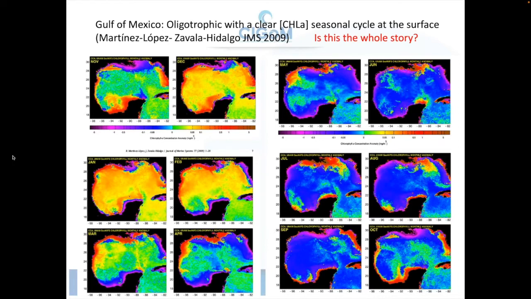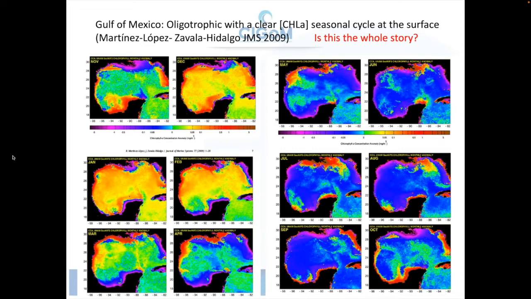These pictures are from the analysis in a very nice paper by Benjamin Martinez Lopez and Jorge Zavala, where they analyze the satellite chlorophyll observations and produce these maps, which show very clearly the seasonal cycle of chlorophyll at the surface.